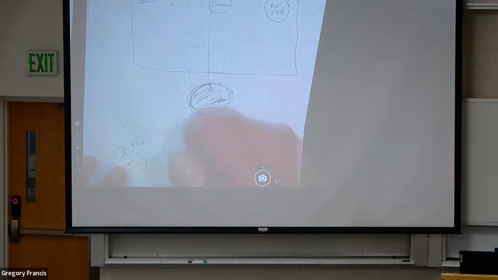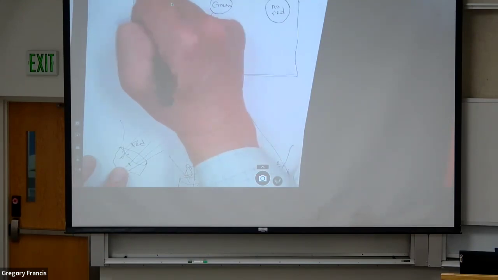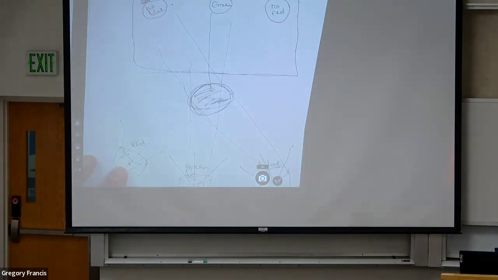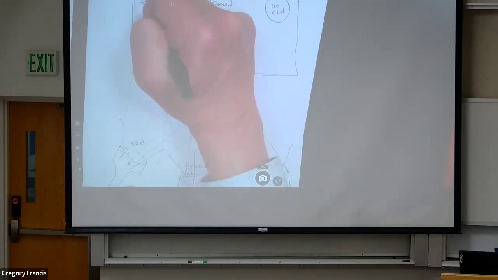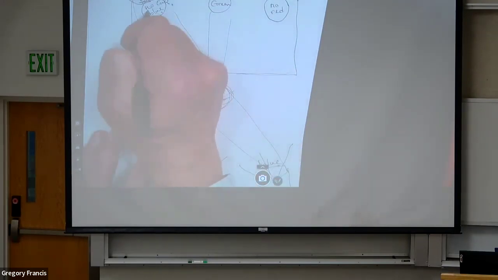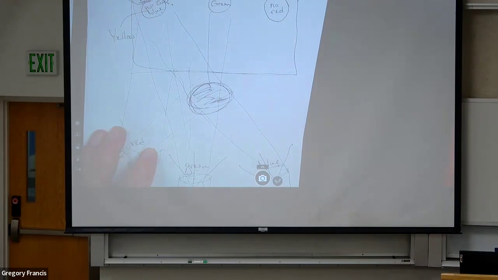And the blue light is going to get blocked over here. So I would have no blue. Now, the place where I've got no blue, I still get green and I still get red. So I get green and red. So this is going to be a yellow shadow of the ball.